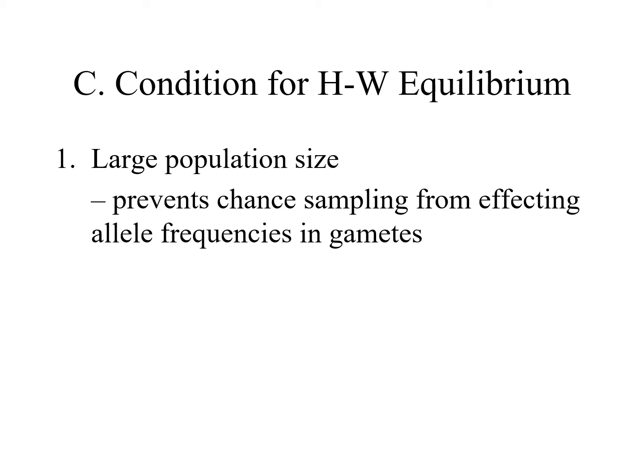So when you have a big enough population, small random events will have little or no impact. The smaller the population is, the higher the likelihood that a sampling error will occur or that random events will impact the frequency of alleles that get passed on. So our first condition is population size has to be large.